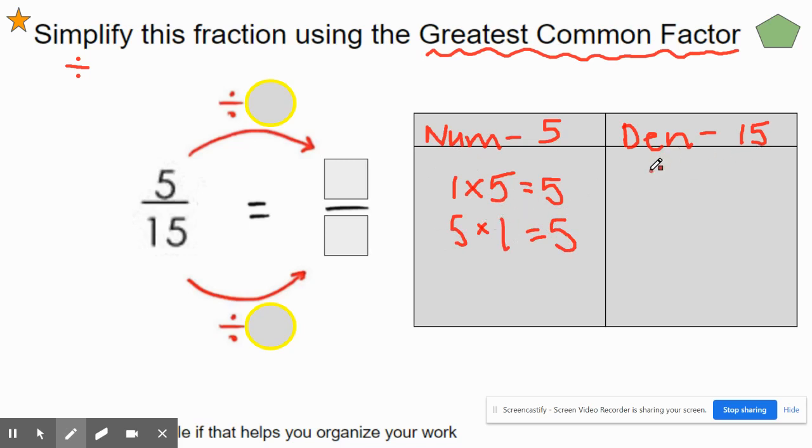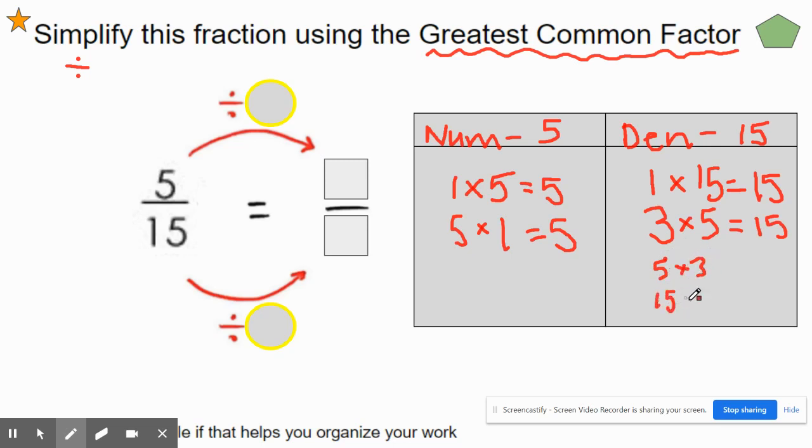And I always start with 1 because 1 can always go into numbers, so it'll help me get organized. 1 times 15 equals 15. And 2 doesn't go into 15, but 3 does. 3 times 5 equals 15. And then technically I could rewrite these backwards. 5 times 3 and 15 times 1. But they're the same numbers.